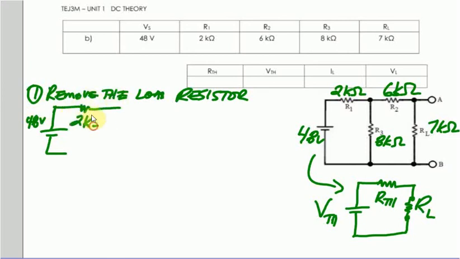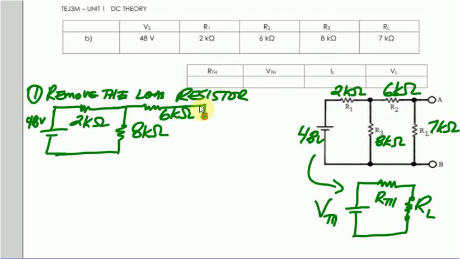This is 2K ohm. This is 8K ohm. And this is 6K ohm. Since we removed the load, there's nothing connected over here. We've taken out that 7K ohm resistor. So that's the first step.